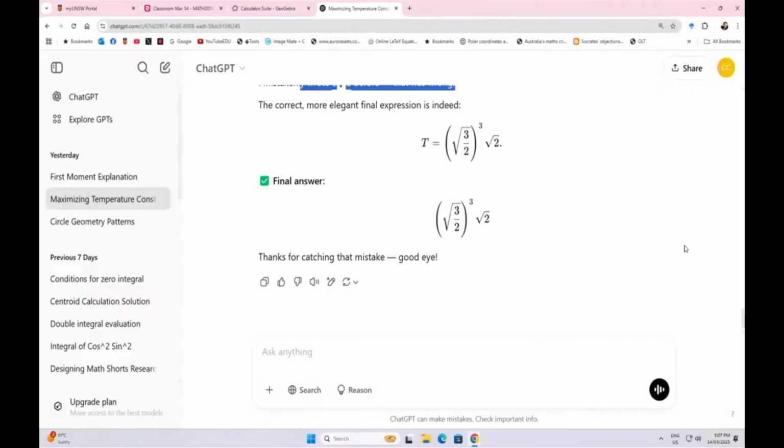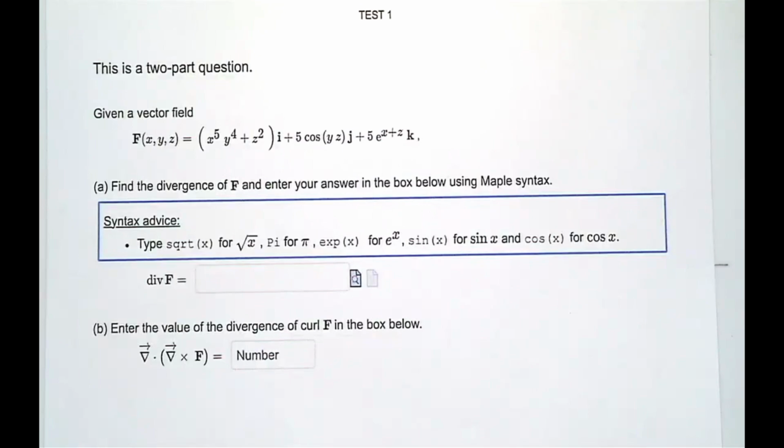All right. So let's have a look at some more questions. This is from the practice test. So this is divergence. Divergence is one of the operations from vector calculus.